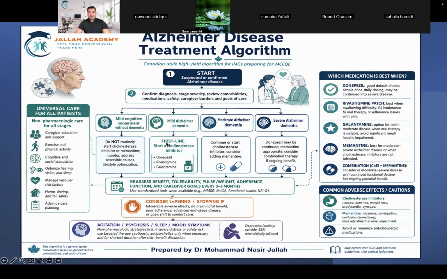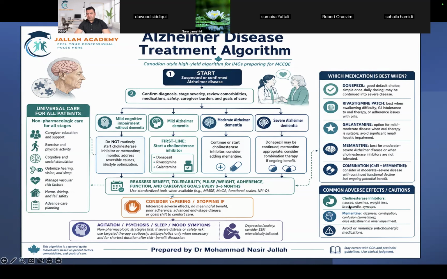Another thing about medication choice, donepezil or rivastigmine: if the patient says they prefer a patch rather than a tablet, then go with rivastigmine. The rest, I think, we have already mentioned.